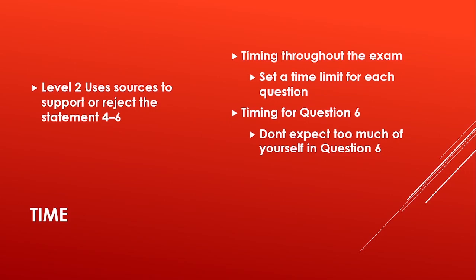Now, you will do very well to get more than half marks if you only present one argument, one perspective, and you want to do better than that. So what do you do if you are running out of time? Two things. Make sure you explain how at least 2 sources support each side of the debate.